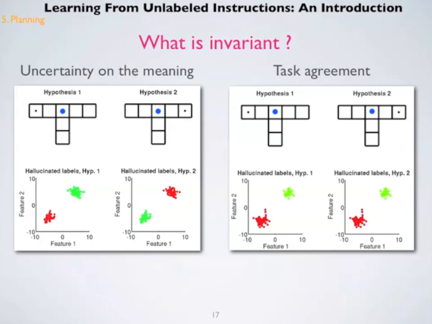So let's see. In the case on the left, the optimal action to discriminate the hypotheses was to go south. If you go south, hypothesis 1 expects to hear something that means no, and according to its current model, a no means a signal in this area of the space. Hypothesis 2 also expects to receive something meaning no, but according to its current model, no is in this area of the space.